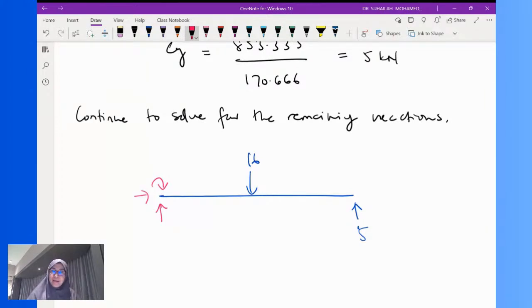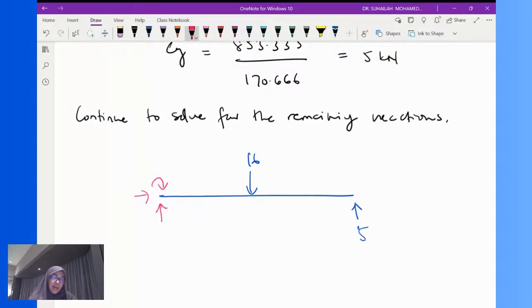Looking at this diagram, again we have to calculate, and for this case there are 3 remaining unknown reactions that can be solved using 3 equilibrium equations. Remember, when we apply equilibrium equations, the purpose is to make sure the system is in equilibrium, meaning total Fy must be equal to 0, total Fx 0, total moment 0.